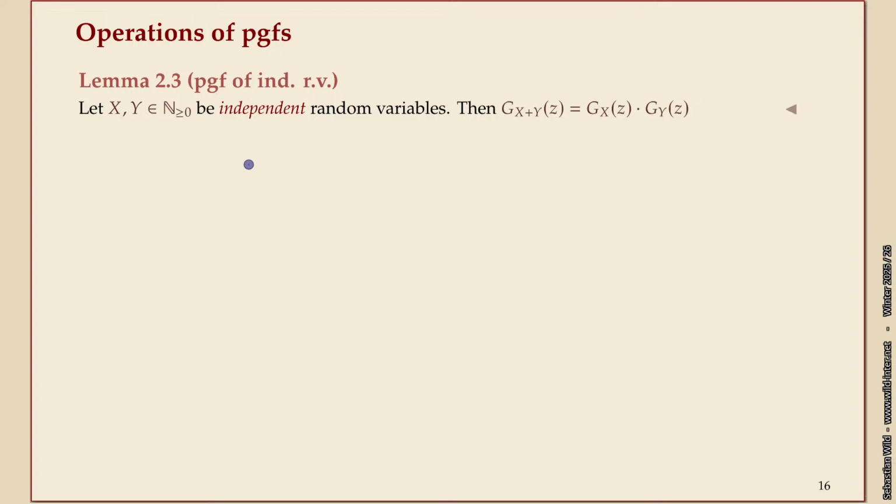So what does it mean to multiply products of this form? Let's take the symbolic general form. I have two generating functions. They'll be of this form for some sequences, AK, BK.